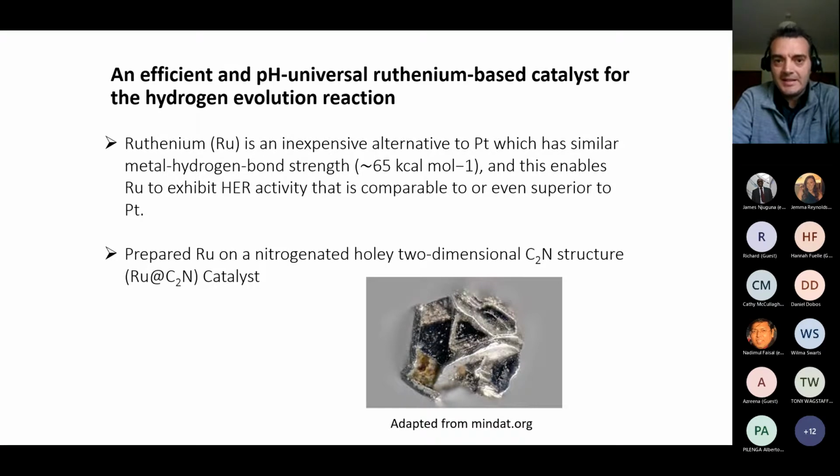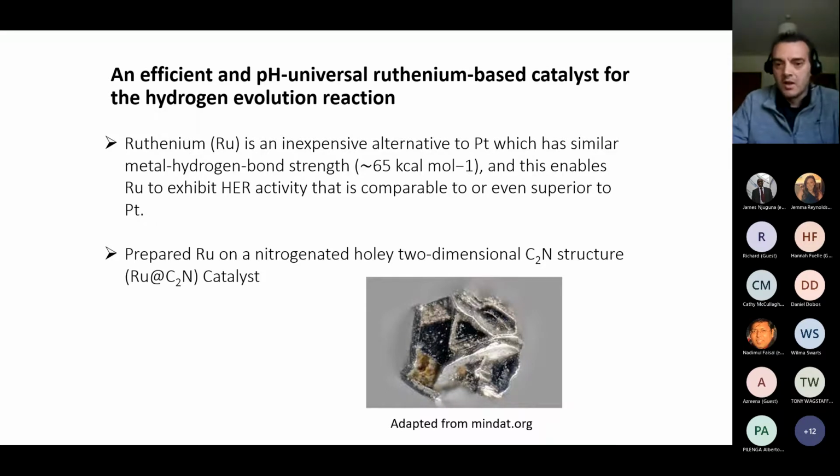Ruthenium is a very interesting material, especially as I've mentioned there, because it's an inexpensive alternative to platinum. It has a similar metal hydrogen bond strength, which enables ruthenium to exhibit interesting and comparable hydrogen evolution reaction activity compared to platinum. That is very interesting.